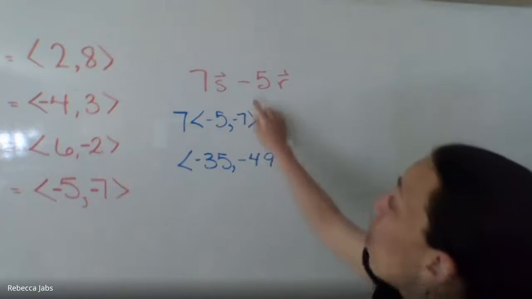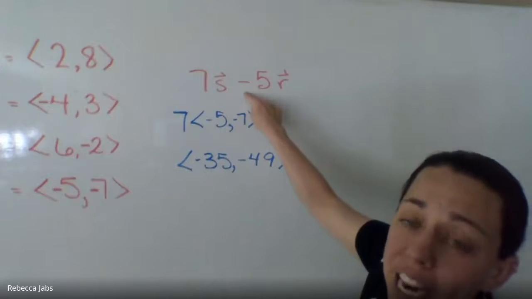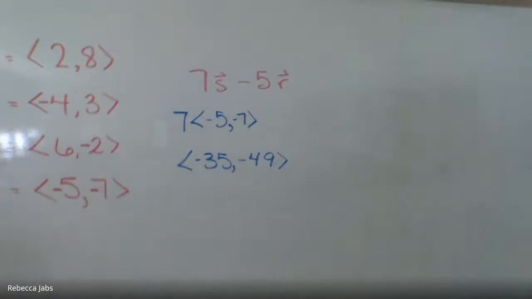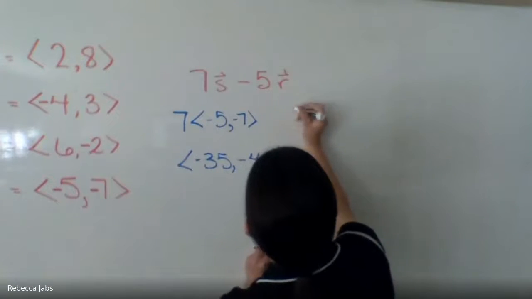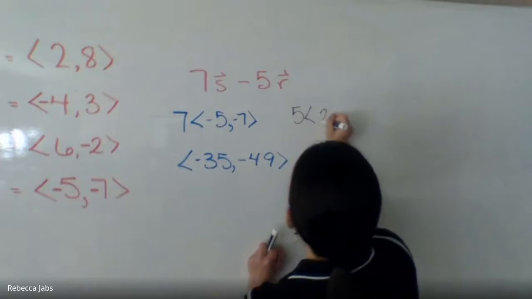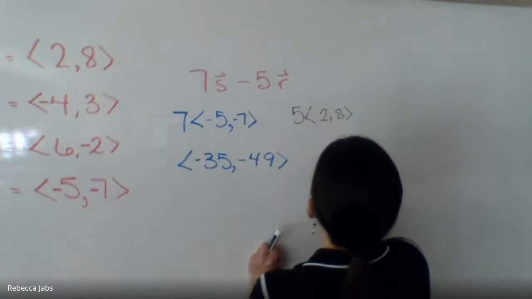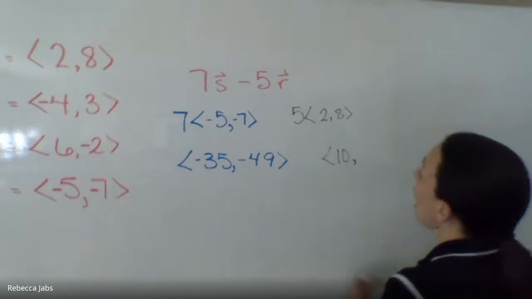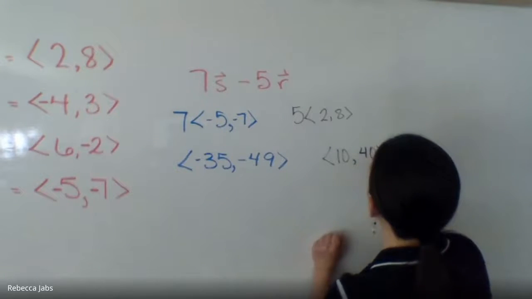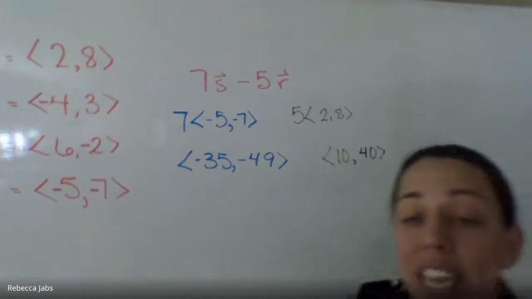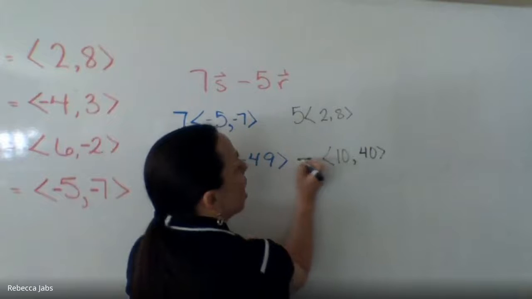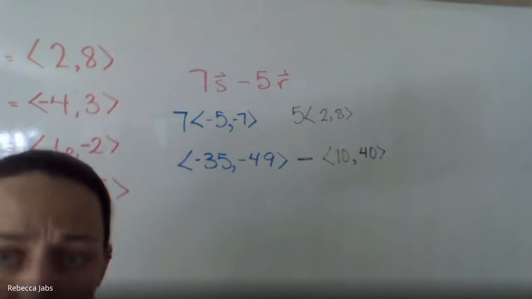But since I distributed only the 5, there would still be a minus sign in between.